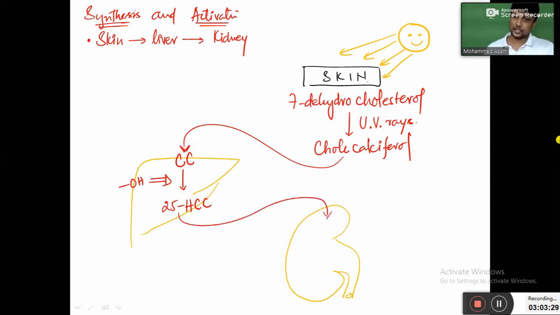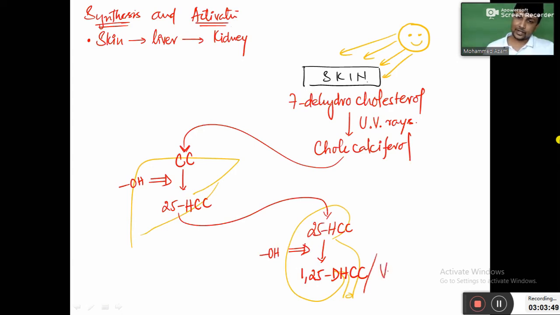Once the 25 hydroxy cholecalciferol goes to the kidney, a hydroxyl group is added on the first carbon, giving 1,25 dihydroxy cholecalciferol.